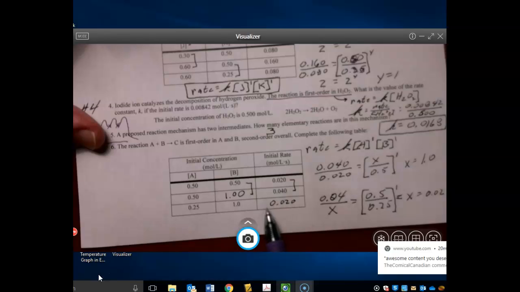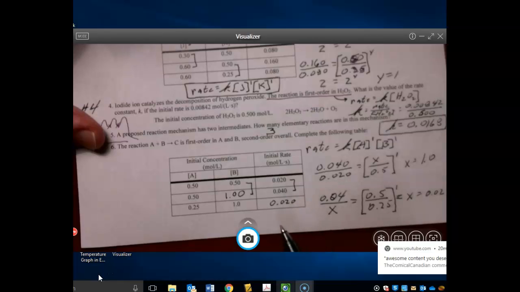So let's see about the next thing you had to fill in the table was here. And so the other reactant, A, was being cut in half, went from 0.5 to 0.25, so it was cut in half. If this is a first order reaction, meaning that the rate is directly proportional to the concentration of A, then if you cut this concentration in half, then the rate must cut in half.